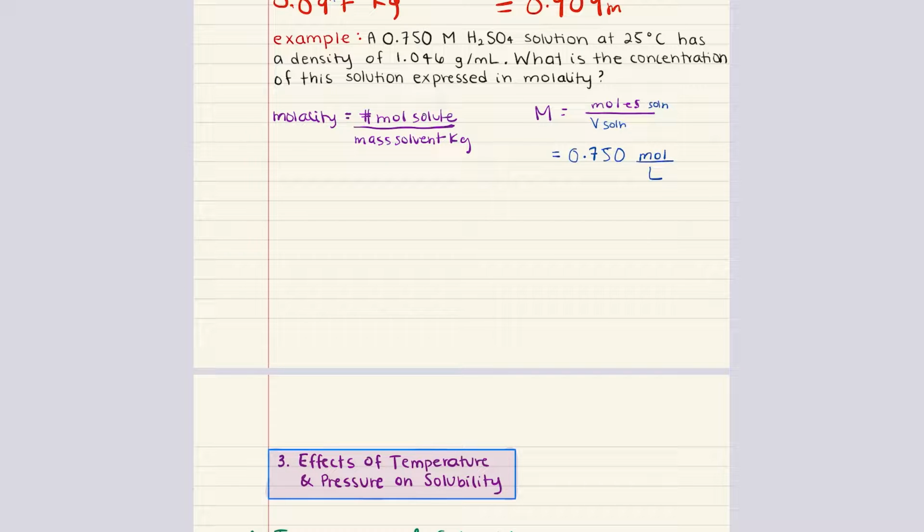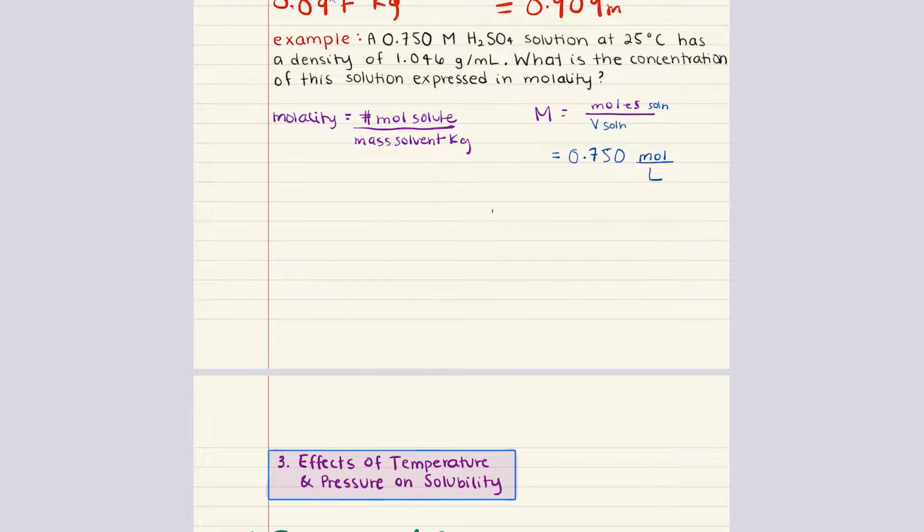Now, since we're given the concentration in molarity, the easiest approach for this problem is to assume that we have 1 liter of solution, which means that our number of moles is equal to 0.750 moles of sulfuric acid, and our volume of solution is equal to 1 liter.